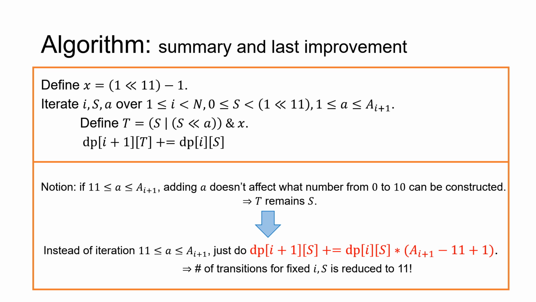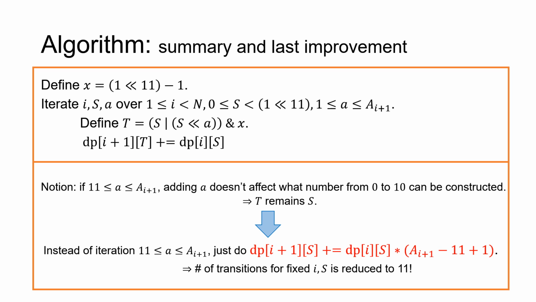This algorithm is almost good, but we need further improvement. Since a_i is at most 10 to the 6 from the constraints, the iteration of variable a takes 10 to the 6. But you'll find that if a is greater than 10, adding variable a doesn't affect the state s because we are only concerned about numbers from 0 to 10.